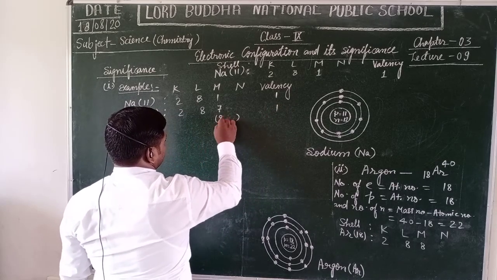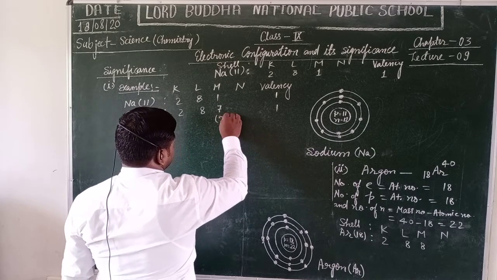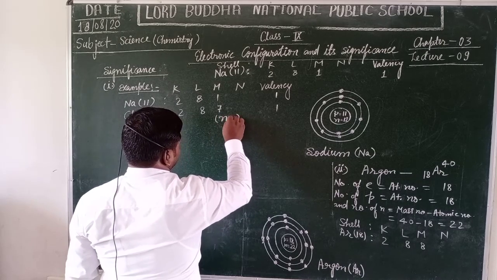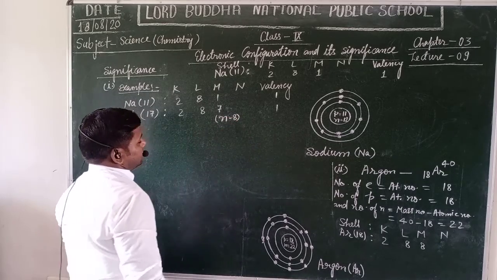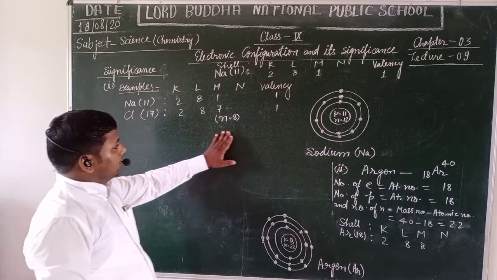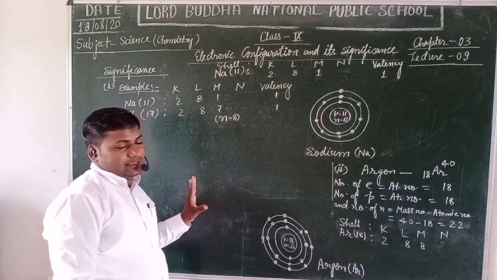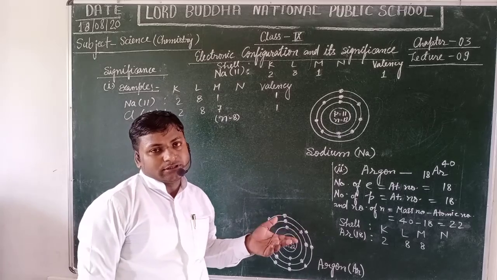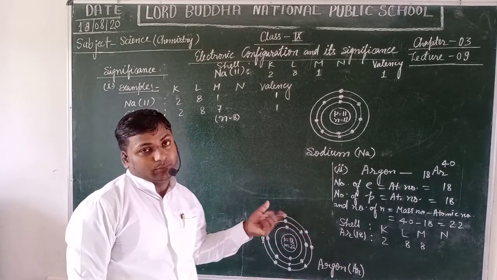Or you can also take it as 8 minus n, but n minus 8 is the right way to determine the valency of elements. Then its valency is 1. The valency is never written with a positive or negative symbol.